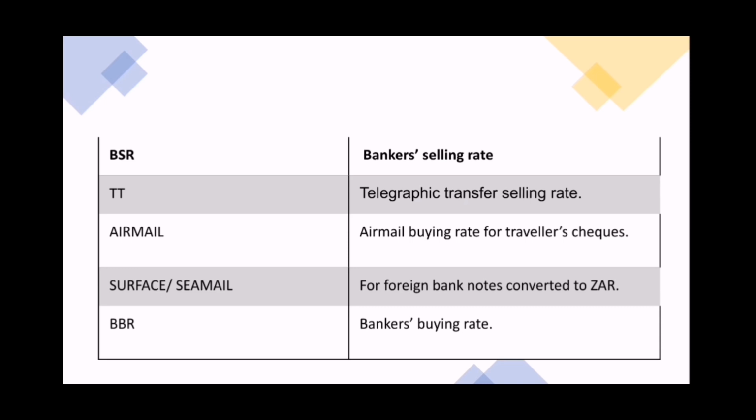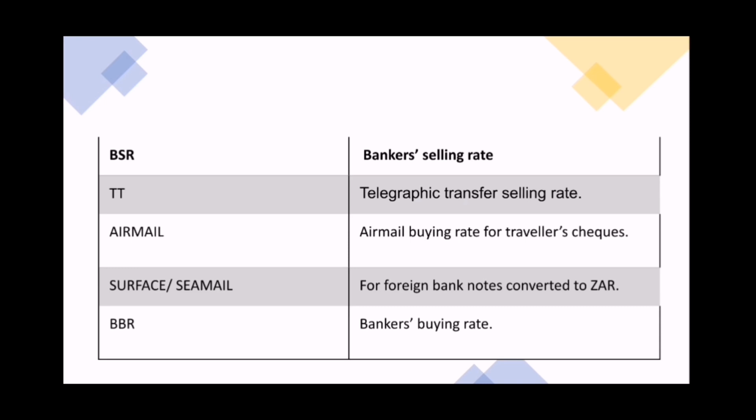So the TT selling rate is for telegraphic transfer, which is like electronic payments. This is the rate that you are going to be using in cases where they tell you this person comes back and telegraphically transfers a certain amount of dollars, for example, then you will use the TT selling rate.